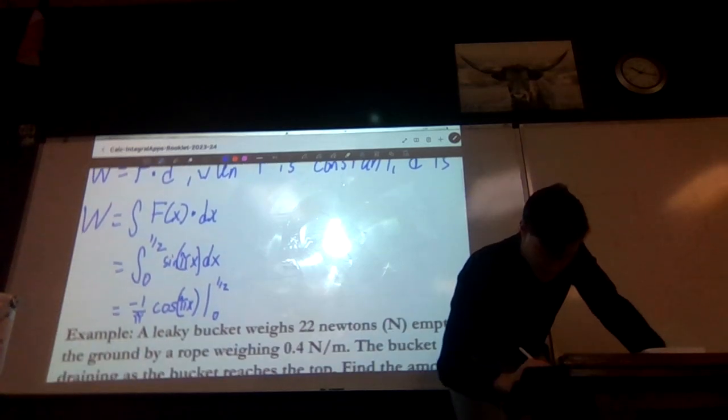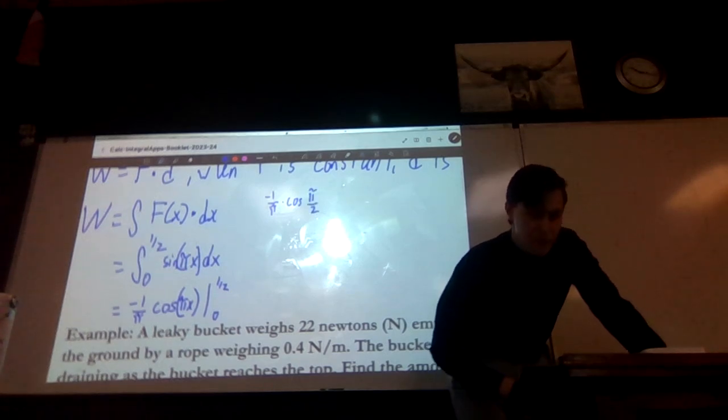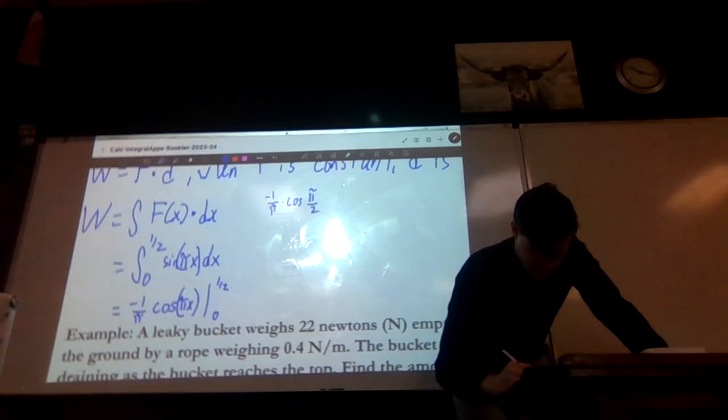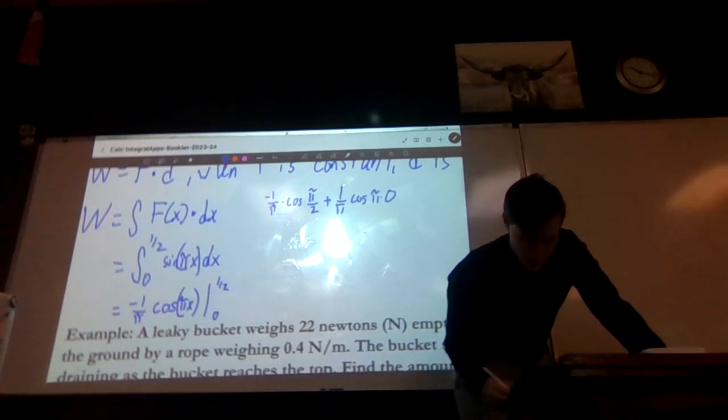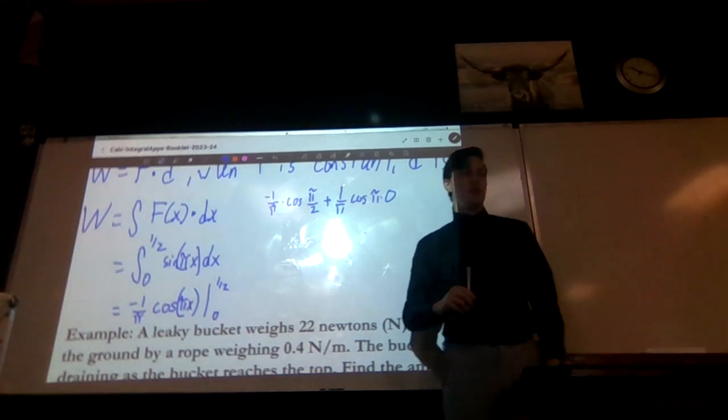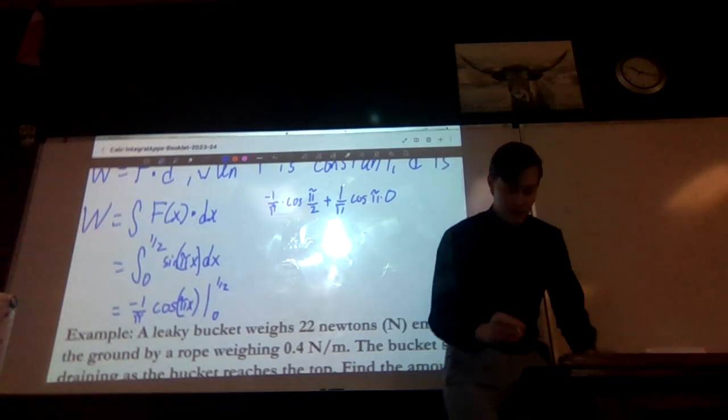Bringing us back up here, we get negative 1 over pi times the cosine of pi over 2, because pi times 1/2 is pi over 2, minus negative, makes it a plus, 1 over pi cosine of pi times 0. What happens to the cosine of pi over 2? Cosine of pi over 2 is 0.